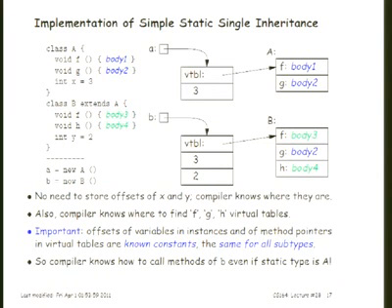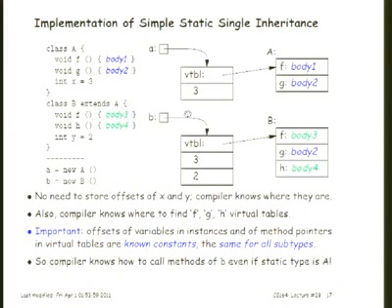So I may not know which subtype of A I've got my hands on, but I know that they all put the variable x at exactly the same location. And all the subtypes of B put the variable y at exactly the same location, namely there.